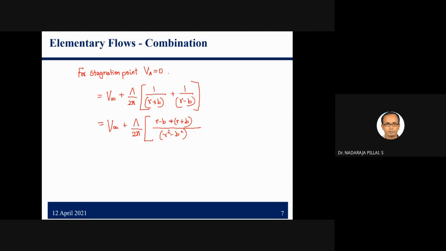Here it will become minus. So finally we can write V infinity plus lambda by 2 pi into minus 2b by R square minus B square, right? So this is already equated to 0, right?